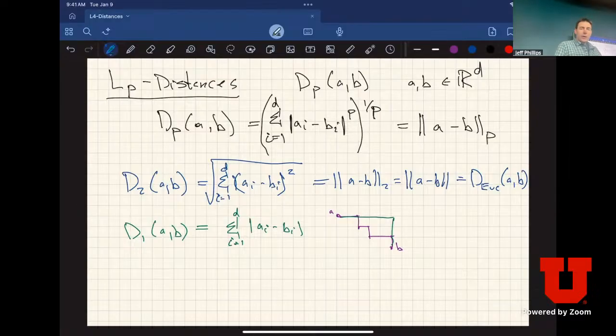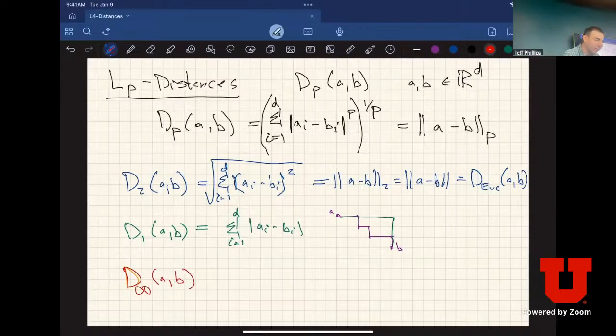Okay. There's one more common one that comes up a little bit less often, but is still important. If I write orange, can you see it? Maybe let me do a different color. D infinity. Okay, what is the infinity distance? This is a little weird.